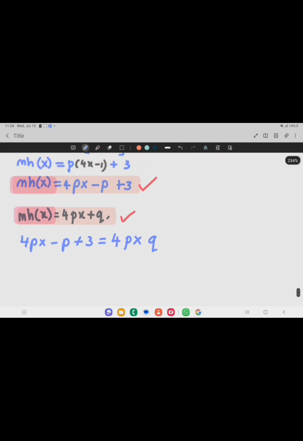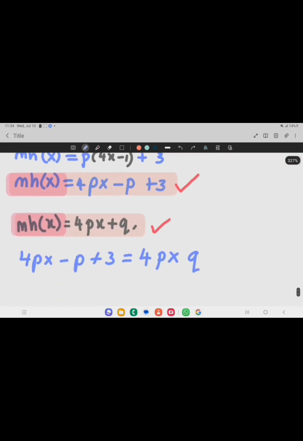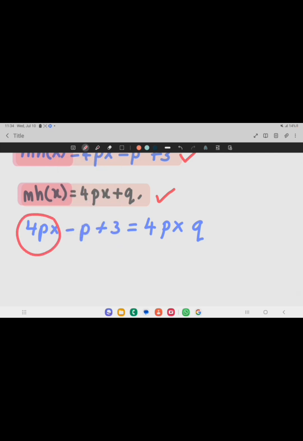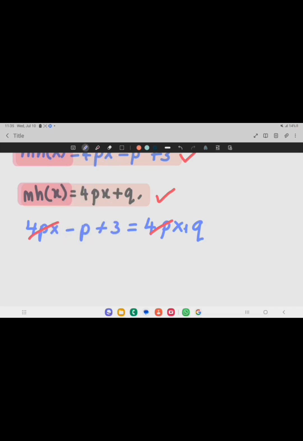Okay. So now again read the question. What does the question want? Express p in terms of q. So basically we want the p in terms of q. So how to solve them? If you guys can see here, this one has 4px, a positive 4px, and this one also a positive 4px. So what you can do is cancel them. I forgot to write the plus.